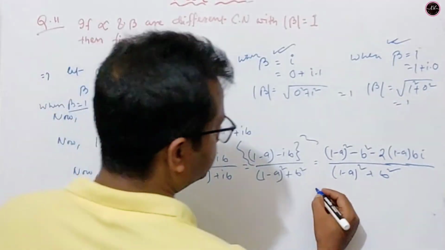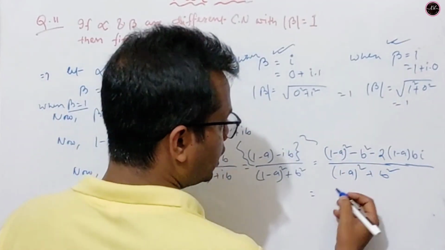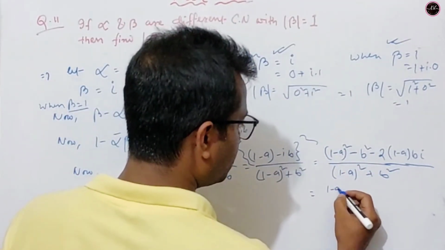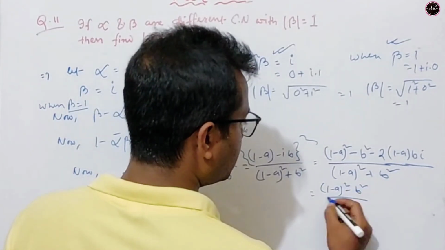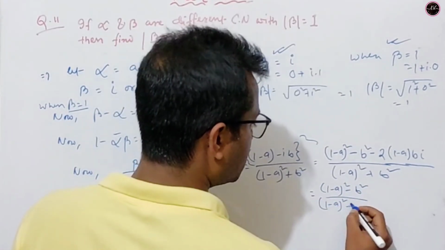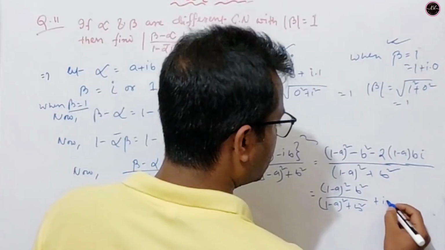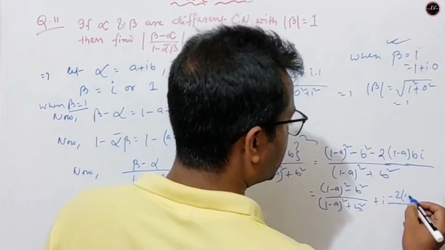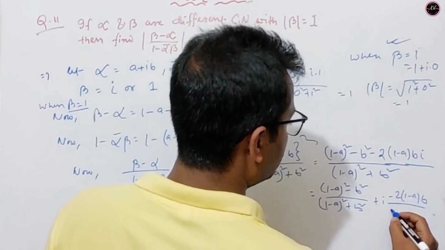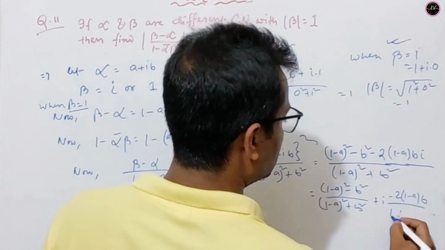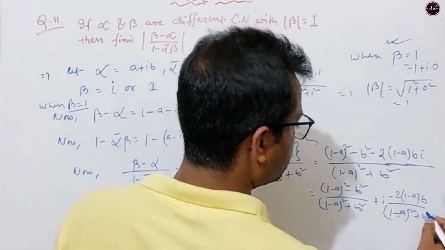Separating the real part and imaginary part, we get ((1 minus a) whole square minus b square) divided by ((1 minus a) whole square plus b square), plus i of minus 2(1 minus a) b divided by ((1 minus a) whole square plus b square).